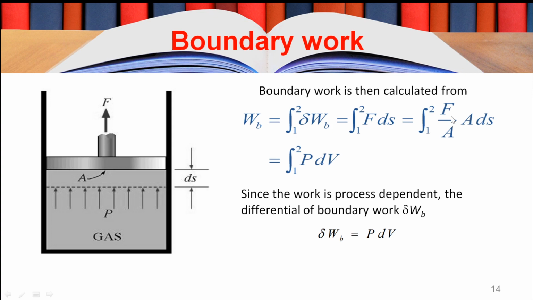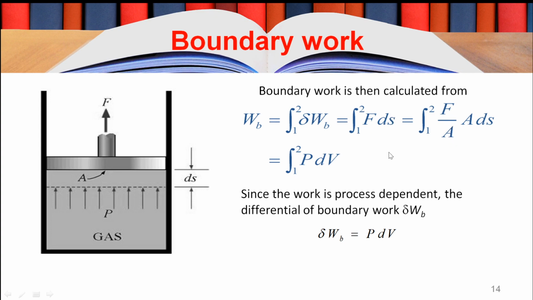Or we can multiply as well as divide with A, in order to get P here. A and A will get cancelled, so there is no difference. We have multiplied this expression with A as well as divided with A, so it is the same as F ds.